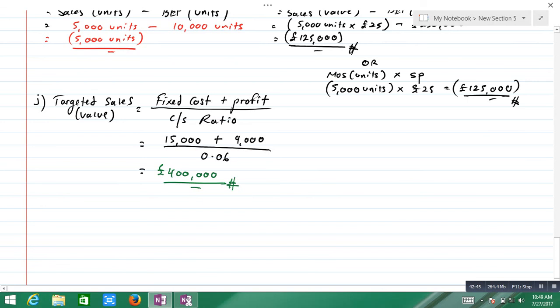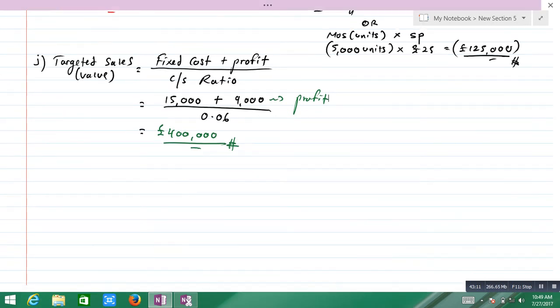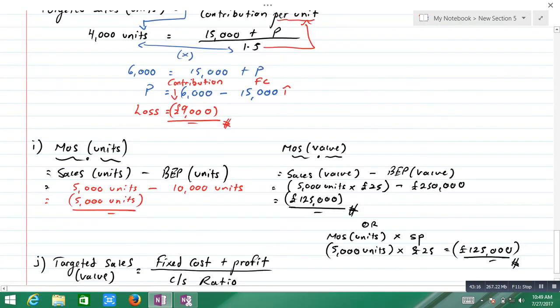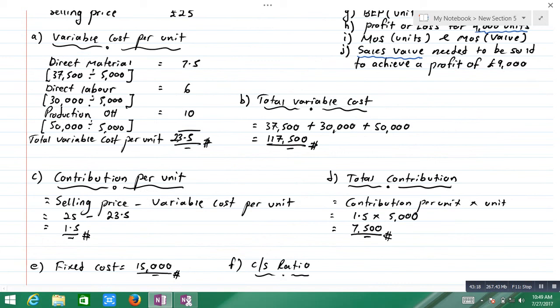Now you have to use the targeted sales units formula, which is fixed cost plus profit divided by contribution per unit, where you take your 15,000 plus 9,000 again, but you divide it by 1.5.